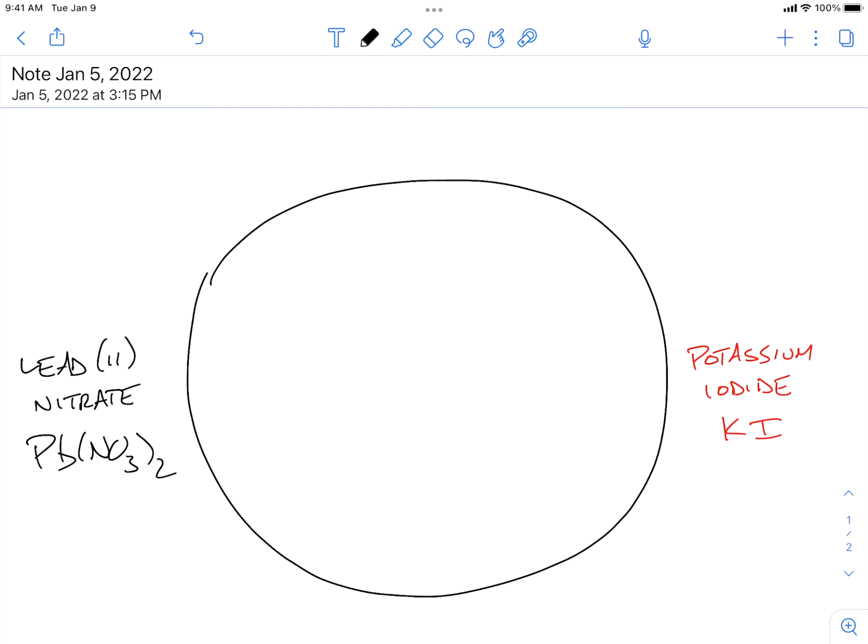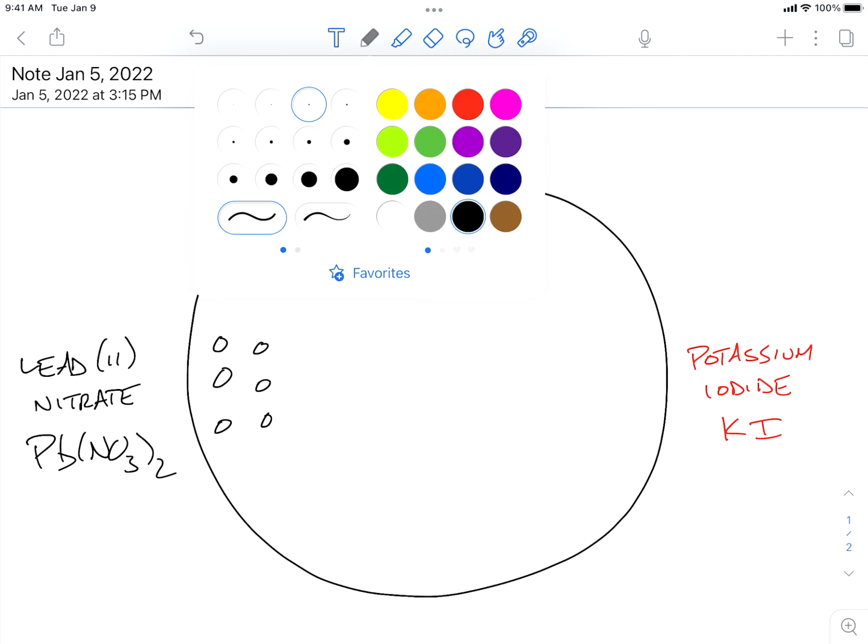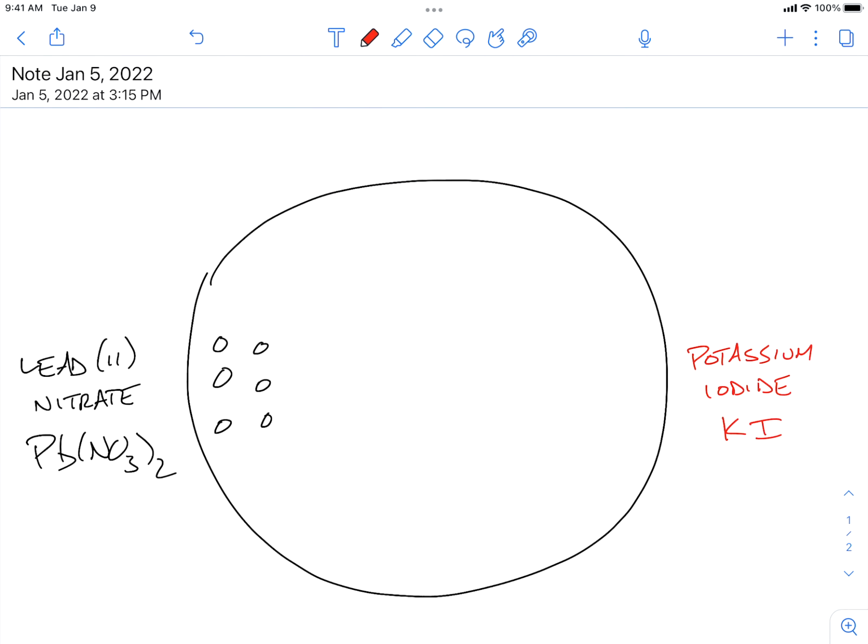For the lead nitrate, I'm going to include some circles for the particles, and I chose 6 circles because we added 6 drops. On the potassium iodide side, I'm going to use a different symbol and a different color, some triangles.